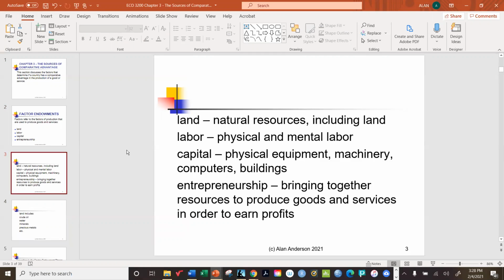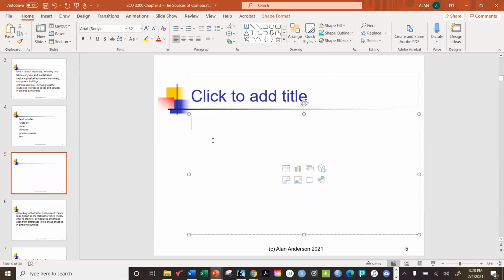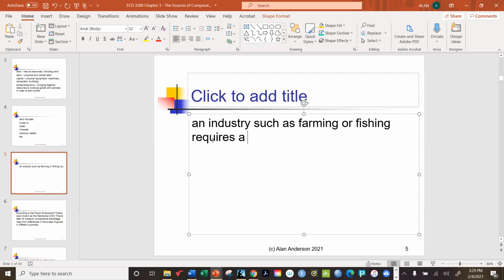What about labor? Well, this is something that we know very well. Labor can be broken down into 2 basic components, physical and mental labor. Okay, so in other words, some products, or let's say an industry such as, let's say, farming or fishing, requires a significant amount of physical labor.